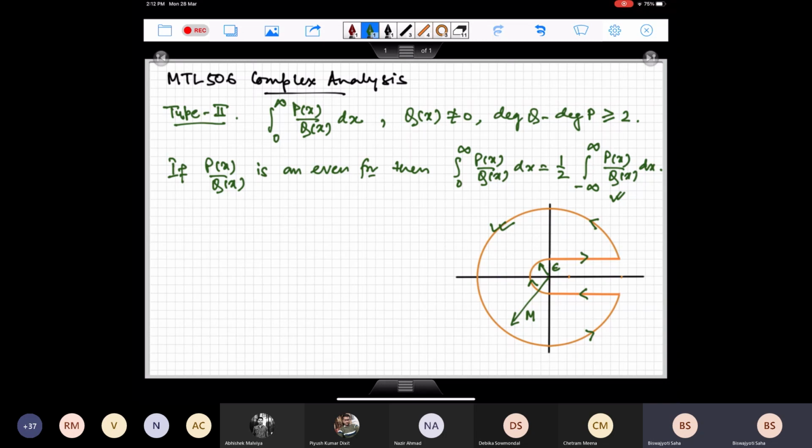So this one will be manageable. Similarly, p(x) by q(x) is a holomorphic function, and of course it's non-vanishing on the real line.